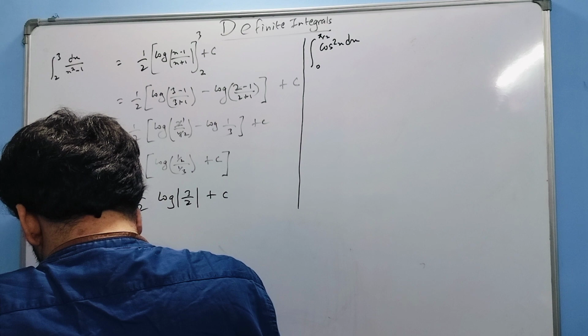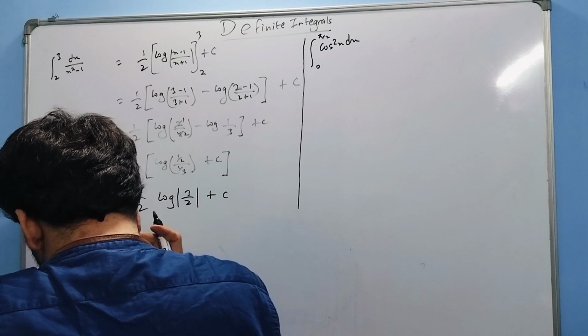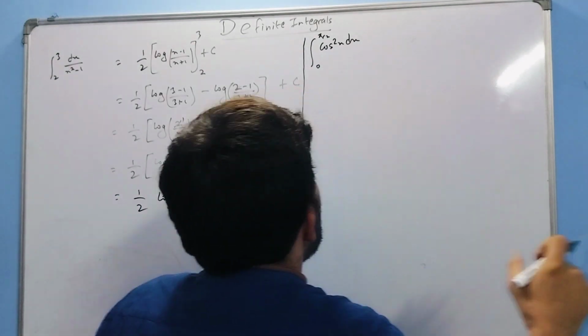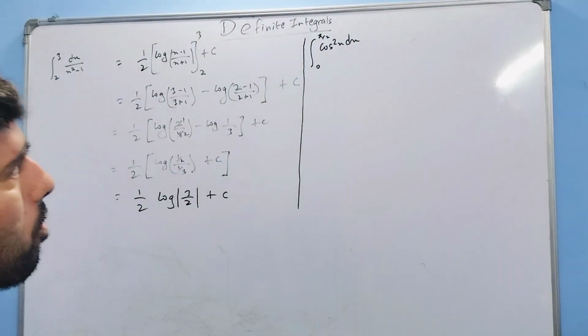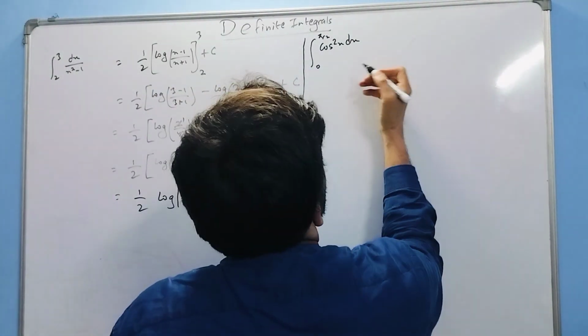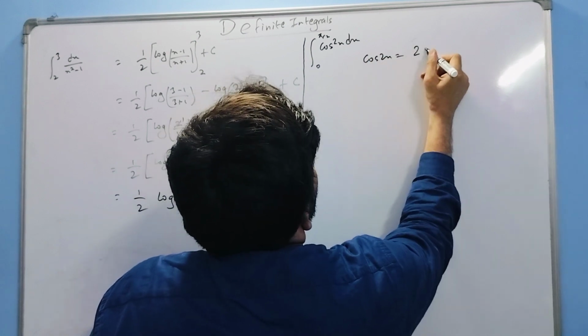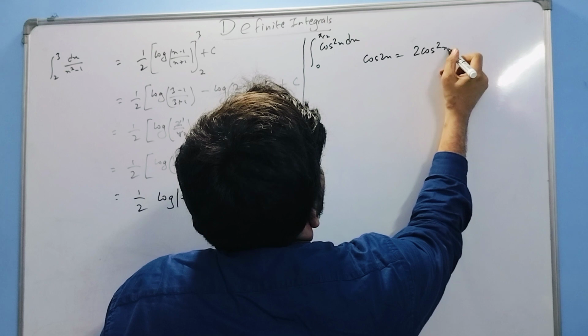So now we'll try to sort out what to write in a simple way. For cos square x dx, we all know the identity: cos 2x is equal to 2 cos square x minus 1.